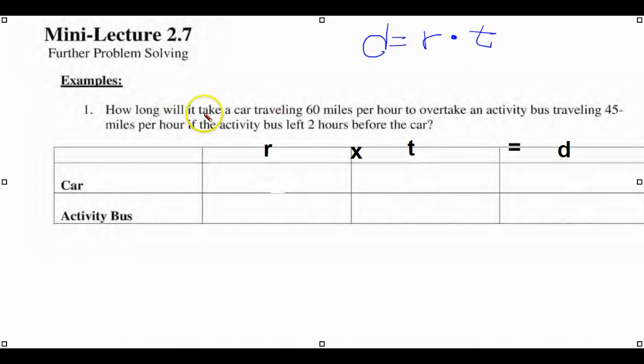How long will it take a car traveling at 60 miles per hour to overtake an activity bus traveling at 45 miles per hour if the activity bus left 2 hours before the car? Now, they do use a chart, so we'll follow along with this as well. So, what is the rate of the car? Well, it's 60. What is the rate of the activity bus? 45.